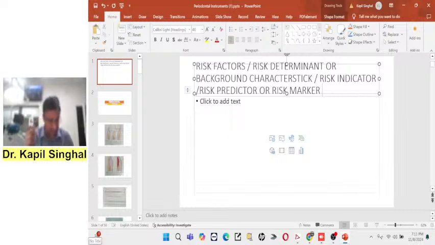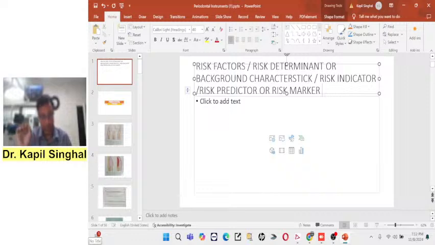Similarly, risk indicators. What are risk indicators? Risk indicators are factors that are identified in cross-sectional studies, but are not confirmed through longitudinal studies.